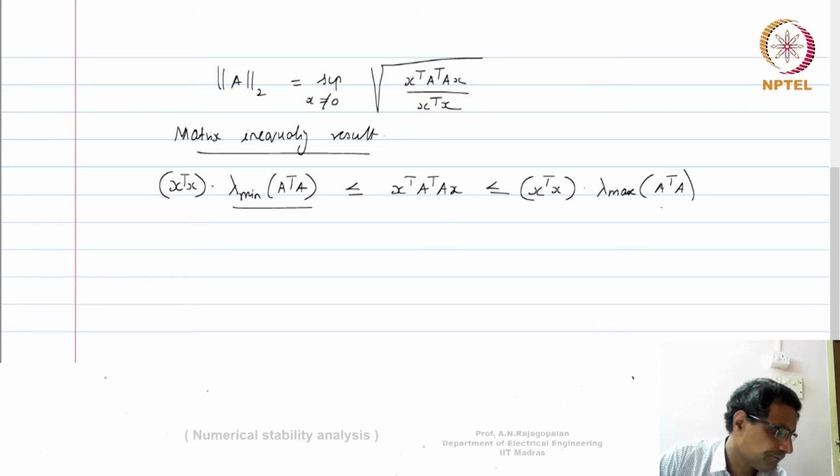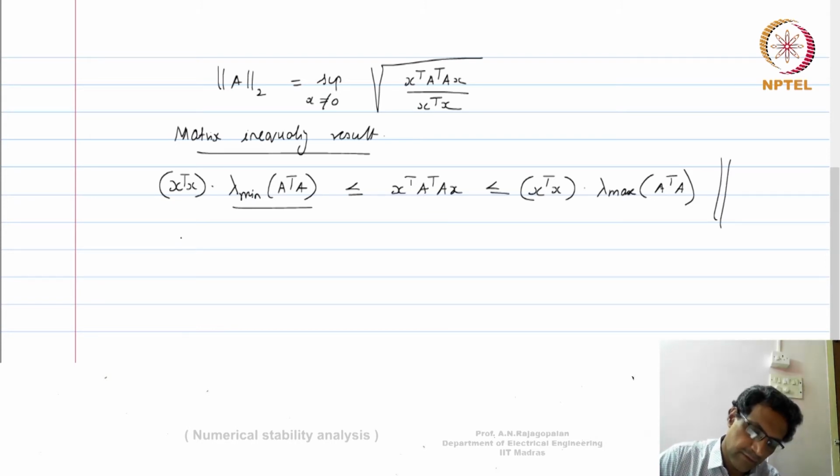It is this inequality that we'll try to use when we want to compute the spectral norm of A, but then we can actually show this result. To show this inequality, let's look at what is called the Rayleigh quotient of a matrix.